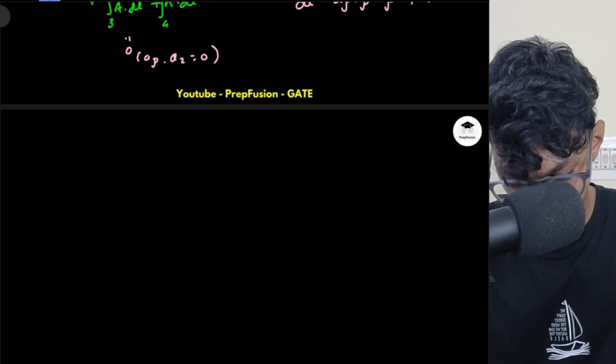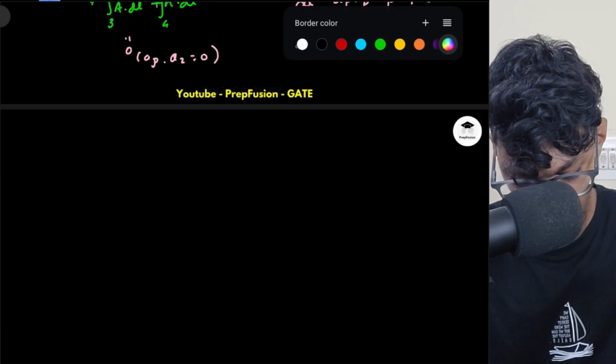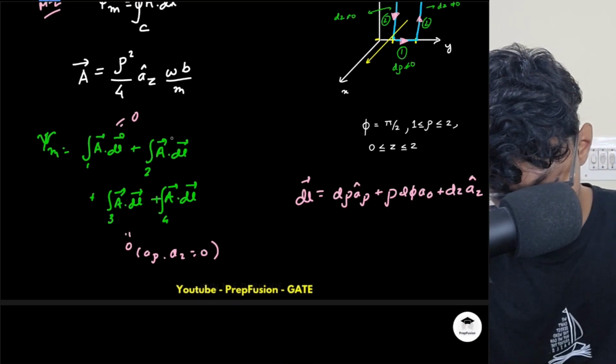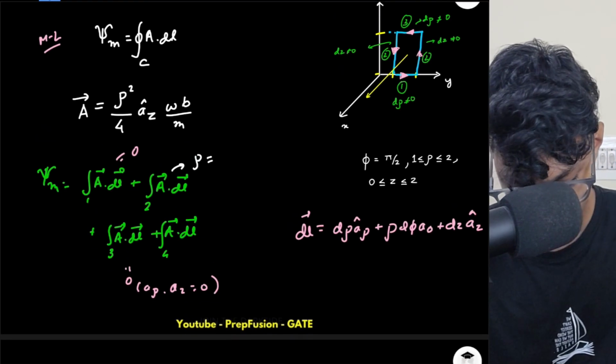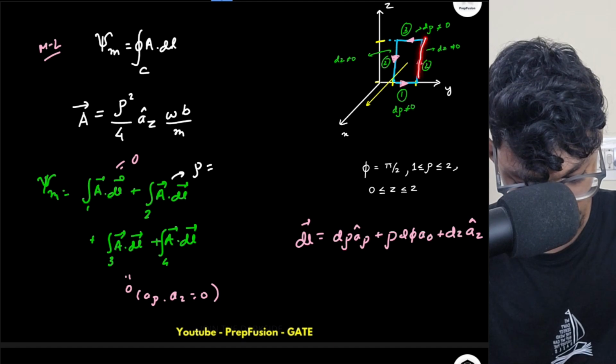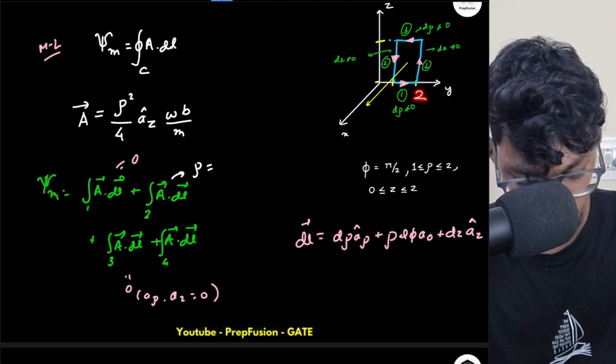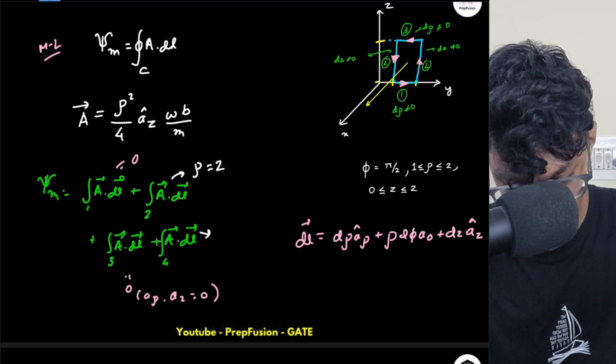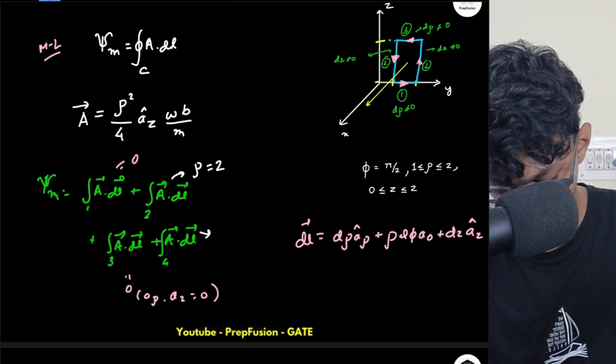Okay, so what I can do is simply write down the values here. In this case, what is the rho value? I'm on curve 2. Curve 2 is here. Rho was 2, if you remember. So in this case, rho is 2. In this case, the fourth curve, here rho is 1 basically.